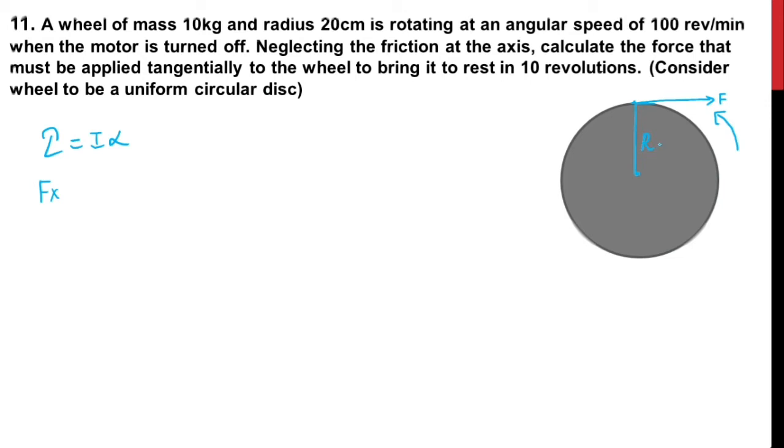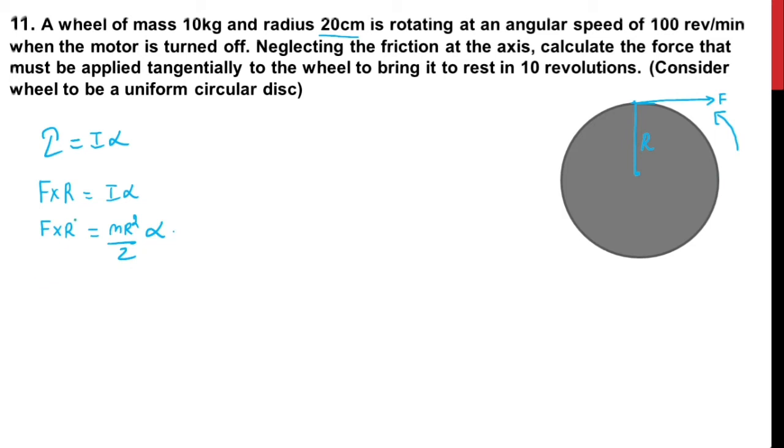Here it is the radius of the disc itself. So F into R is equal to I into alpha. What does I stand for? I stands for the moment of inertia of the disc, which is equal to mr square divided by 2, into alpha.